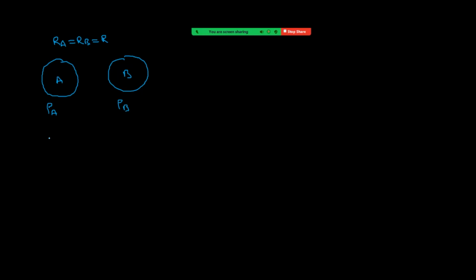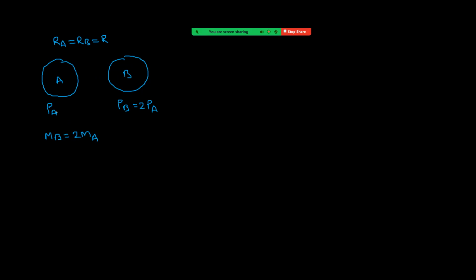and coming to mass, it is given MB equal to 2 times the mass of A. See, since the R value is the same for both, same volume, but mass of B is twice that of A. This indicates that the density of B is twice that of A. Right? This is what we can say.